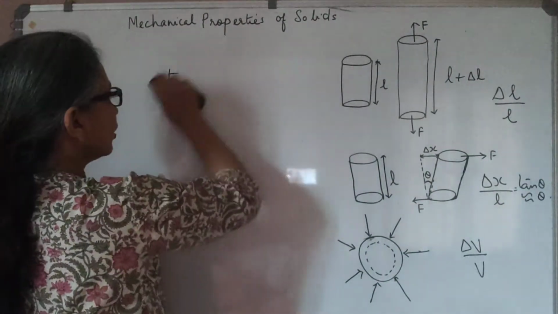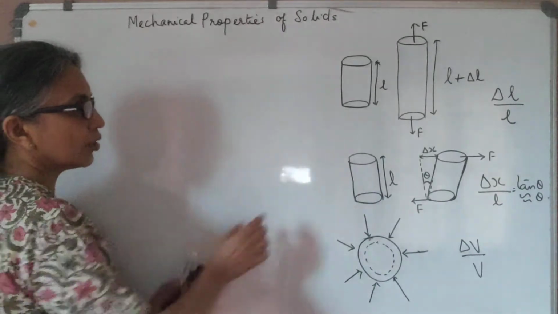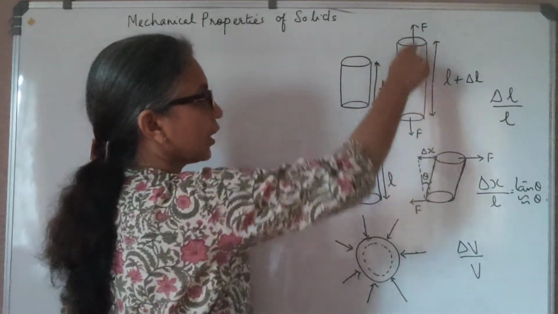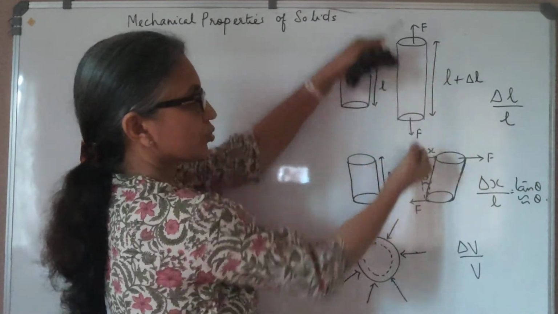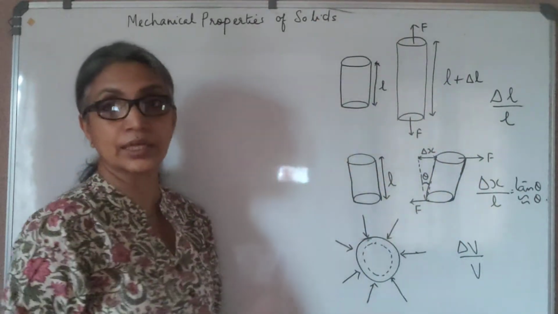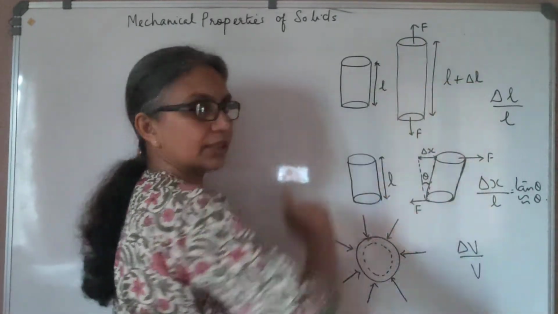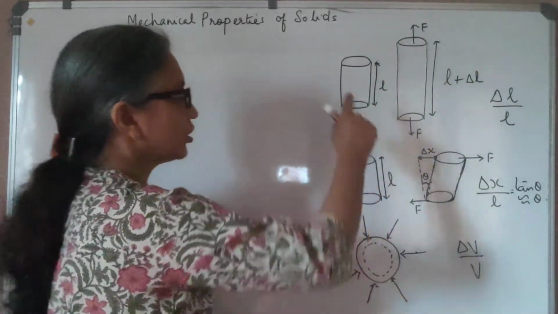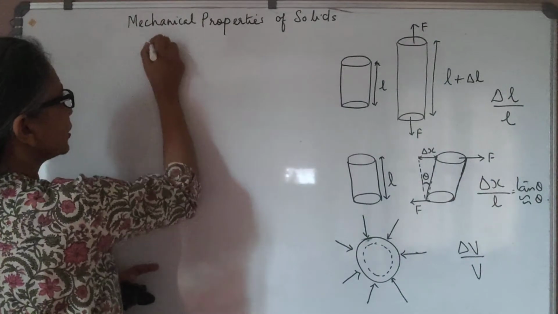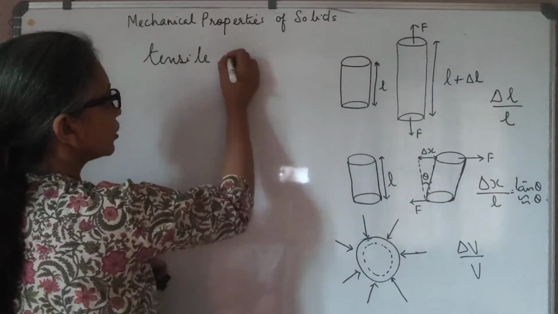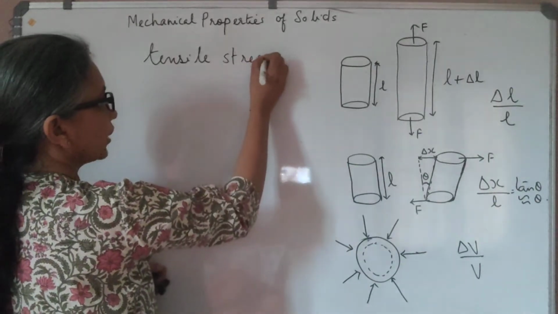Now, if you look at this first case, we see a cylinder of original length L, and because of the application of a force, we have stretched it to a new length L plus delta L. That means there is a change in length delta L. Such a stress is called tensile stress, that is, you are stretching it in order to increase its length.